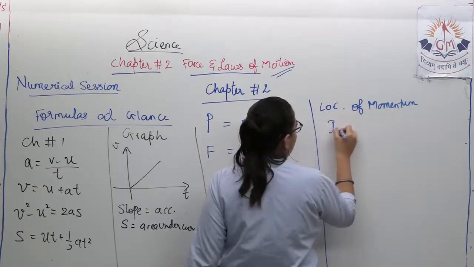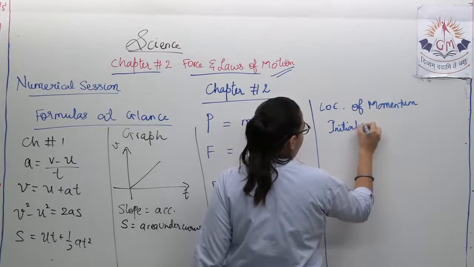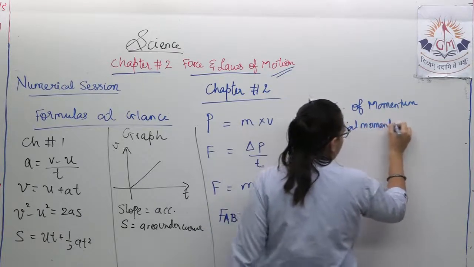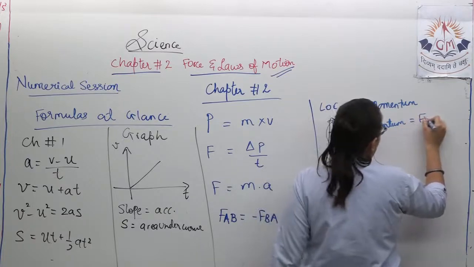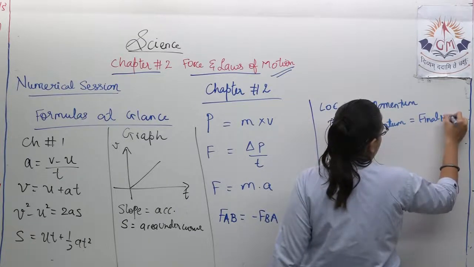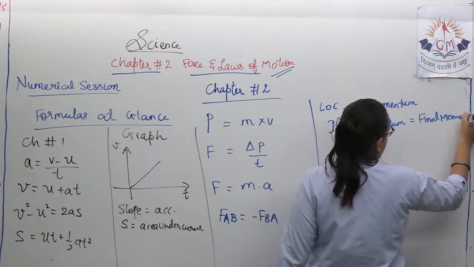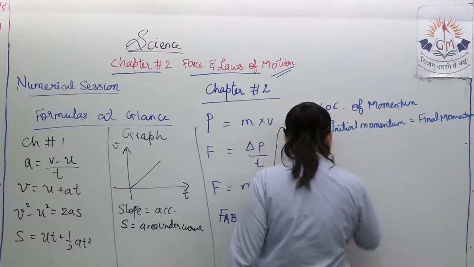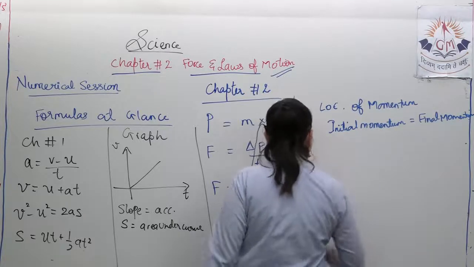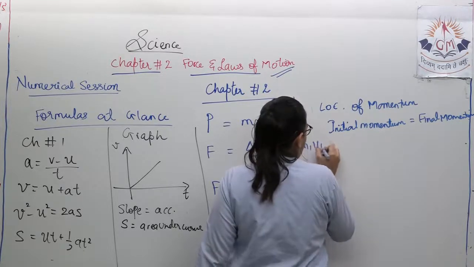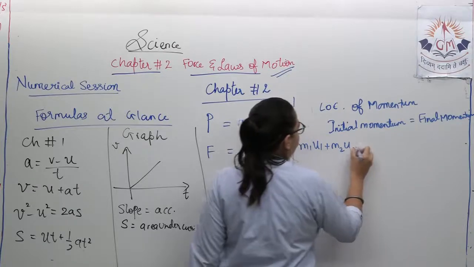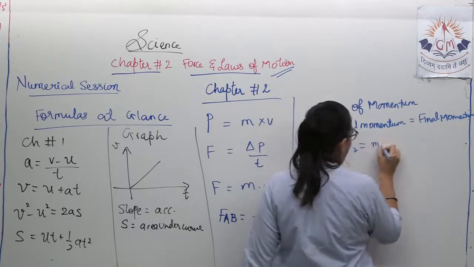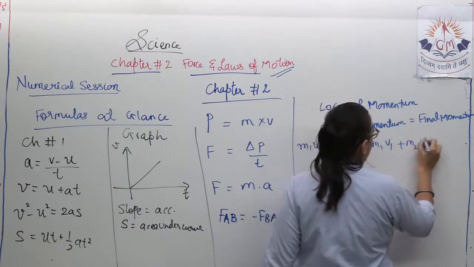That is, initial momentum is equal to final momentum. So it is m1u1 plus m2u2 is equal to m1v1 plus m2v2.